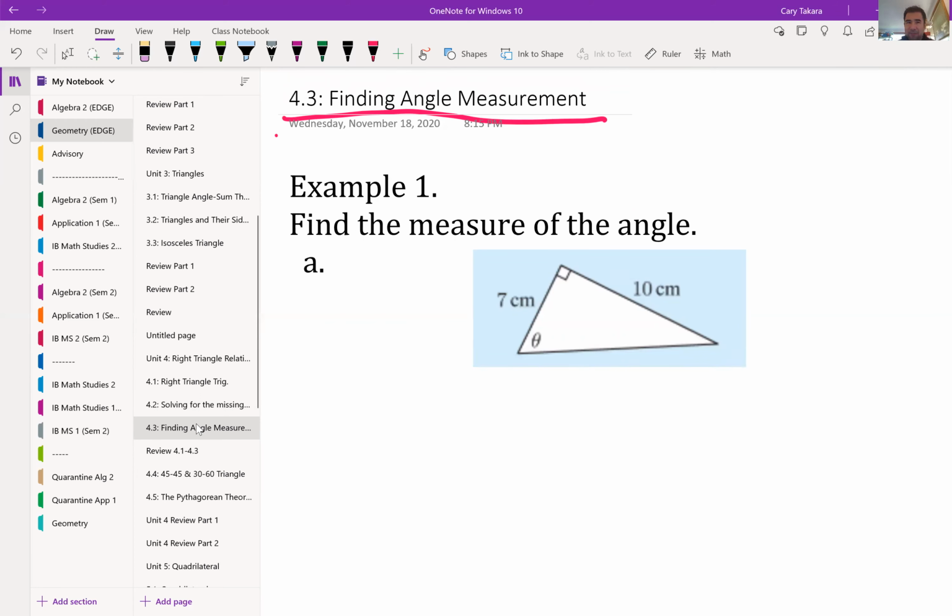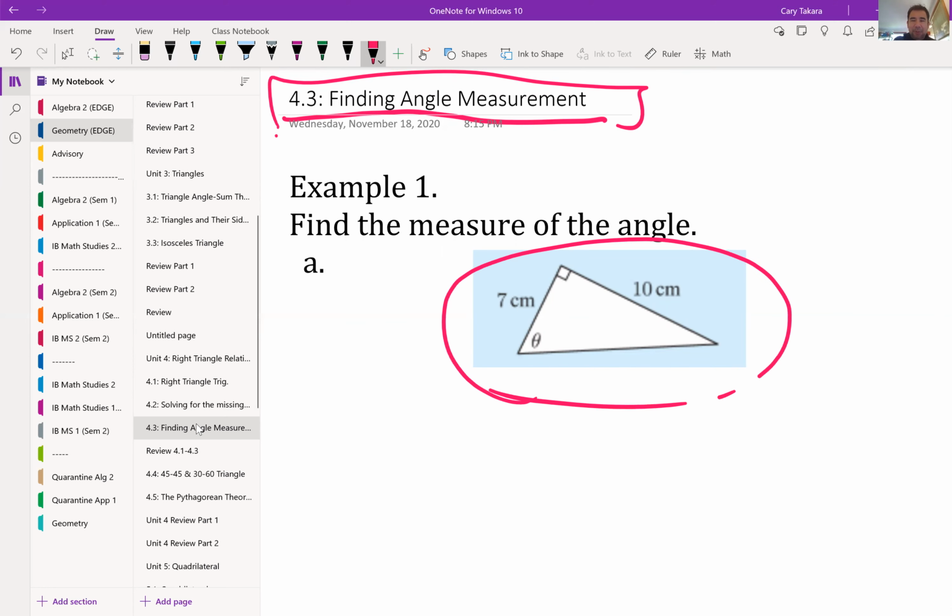The process is very, very similar, at least for the first two steps. But let's write this down. Let's write down the title, 4.3, and then I want you to copy down the diagram.